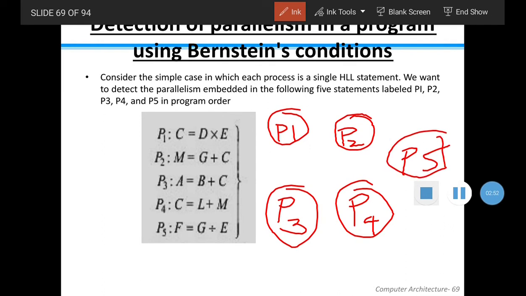First, we have to identify flow dependence between the statements. So first we will compare P1 and P2.